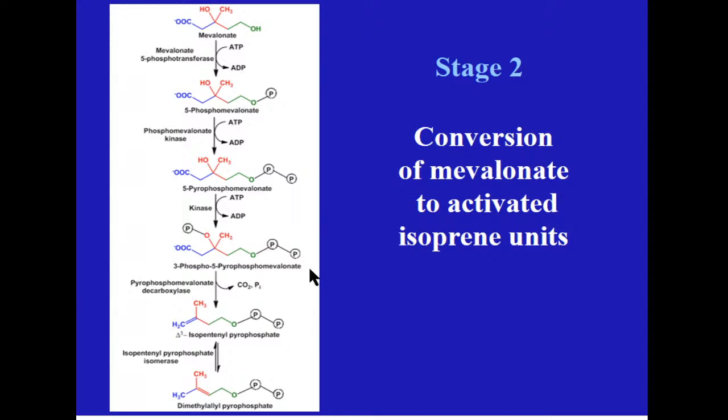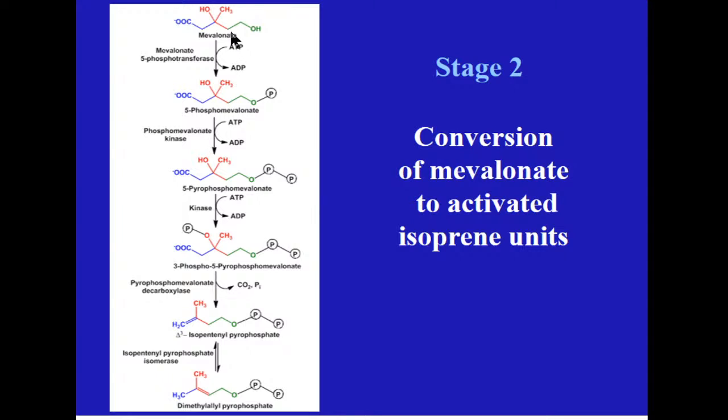And this 3 times phosphorylated mevalonic acid, after 1 decarboxylation, will give 5 carbon isopentenyl pyrophosphate, which after this will be isomerized to obtain dimethylallyl pyrophosphate, the substance that after this will start to be condensed.